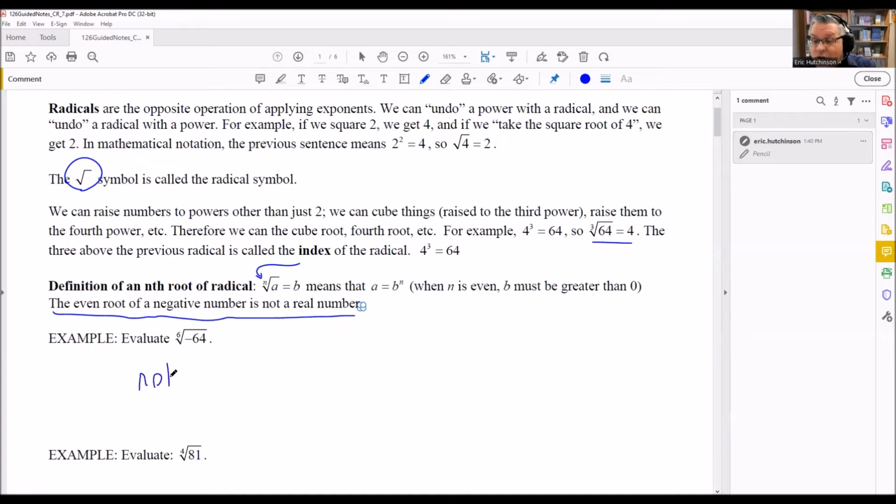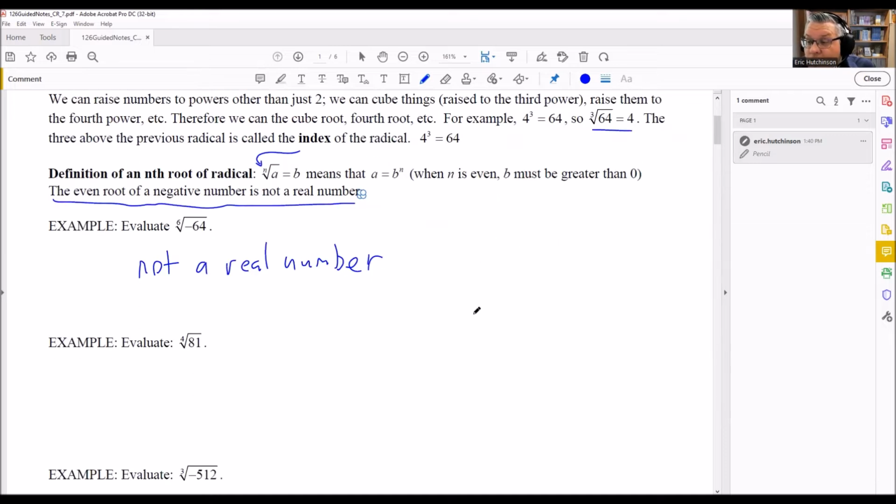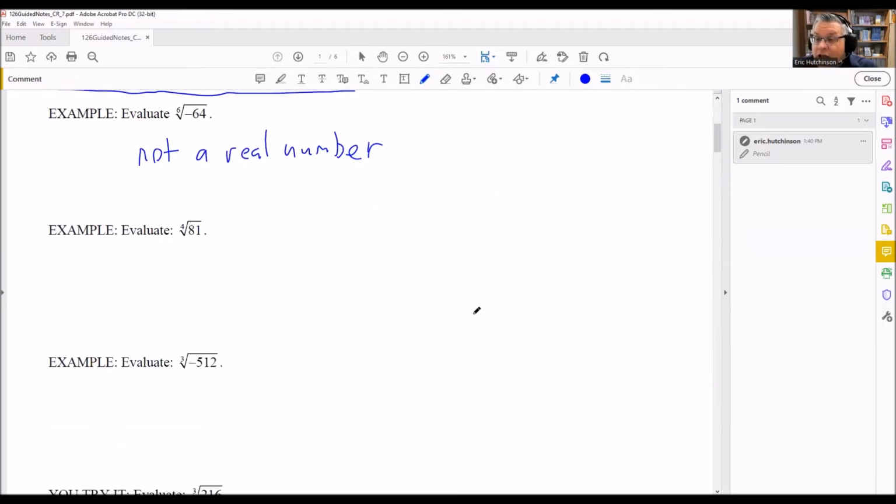So this here is not a real number. However, the one down below, the 4th root of 81, we will be able to get a real number for that. And that's because it's an even index, but the number inside the radical is positive. This means that we're able to do that.